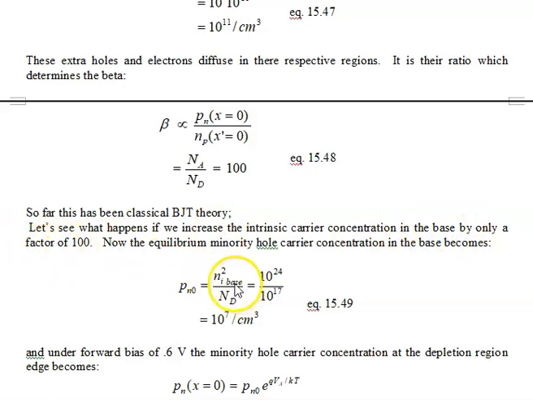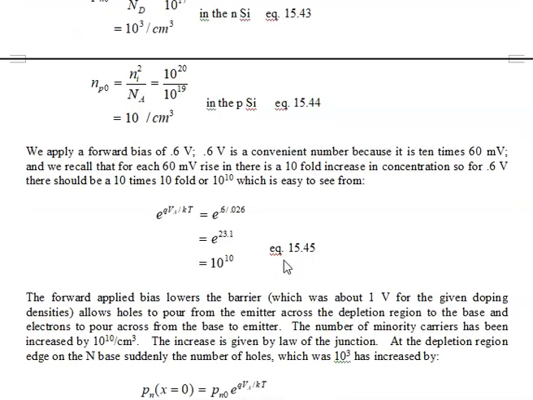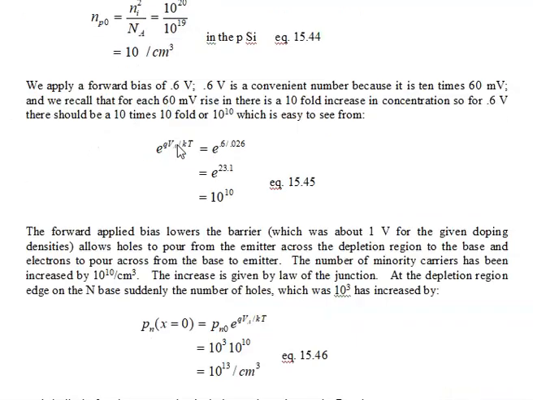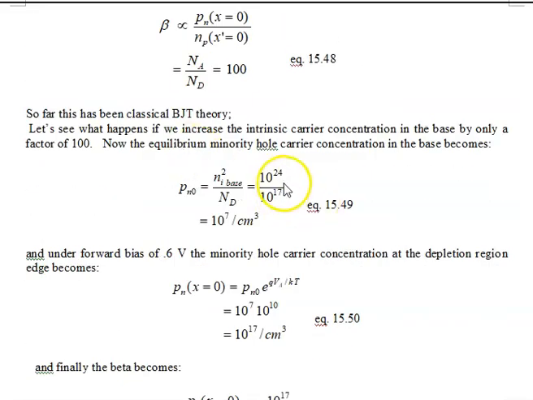So instead of 10 to the 10th, we now have 10 to the 12th. 10 to the 12th squared is 10 to the 24th. So now we have a new minority hole concentration of not 10 to the 3rd, but of 10 to the 7th, 10 to the 4th higher. And that is the whole ball game right there.